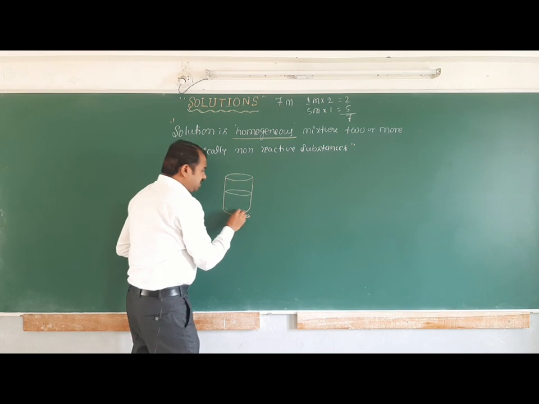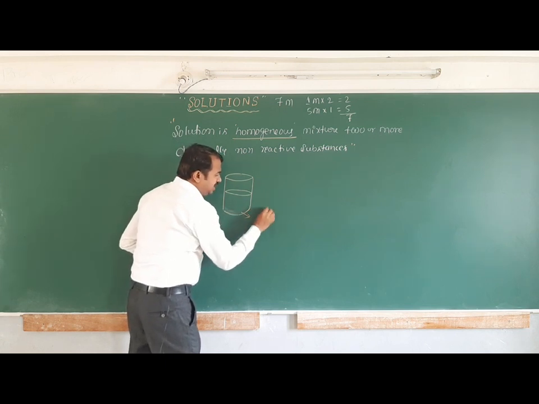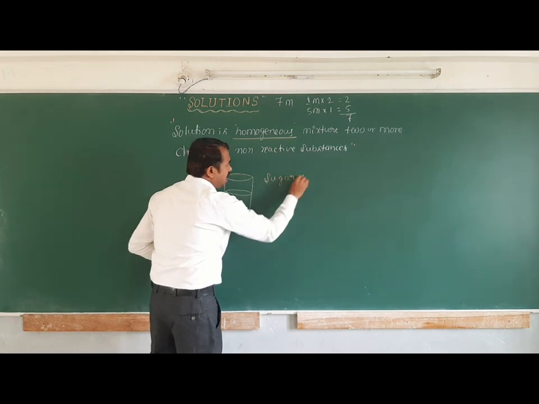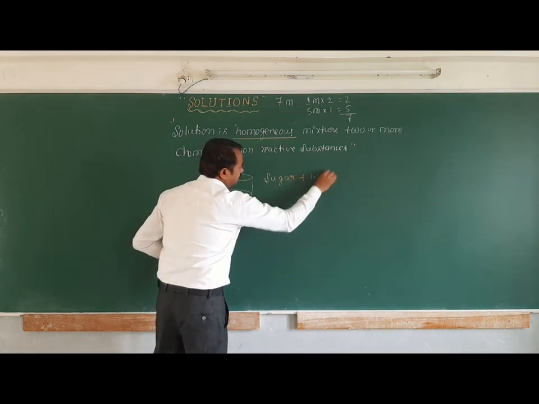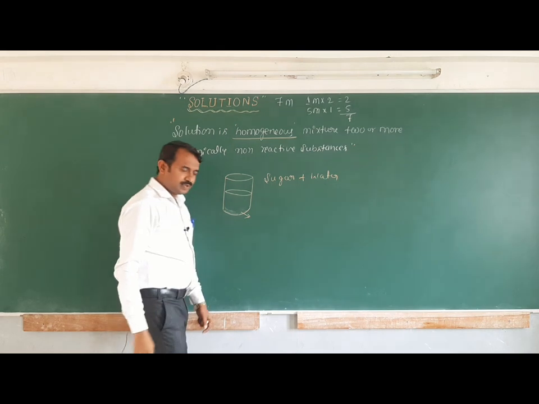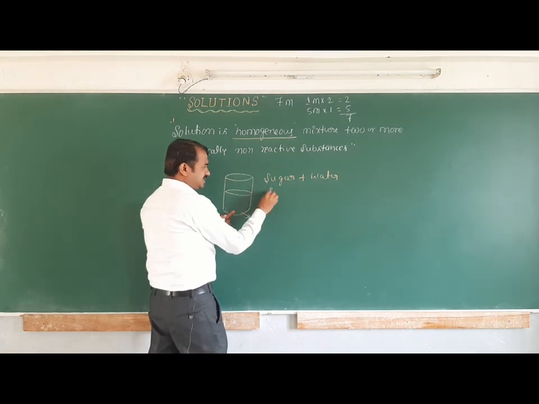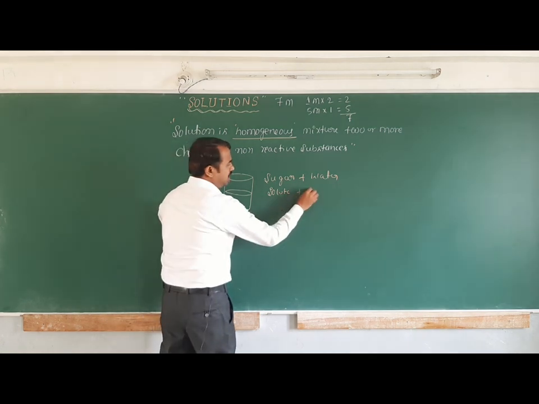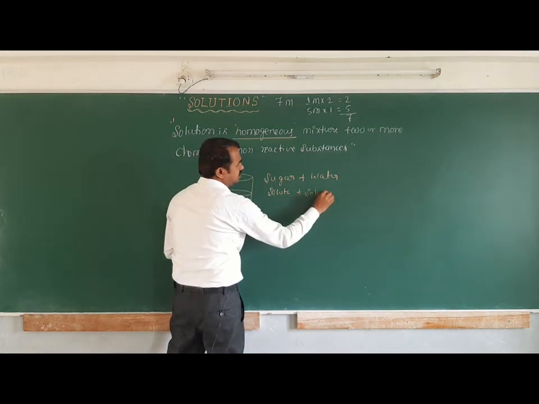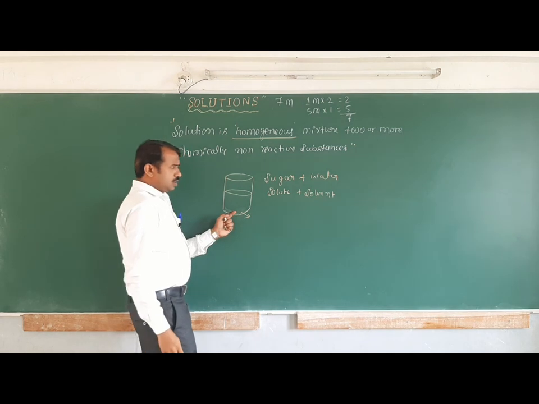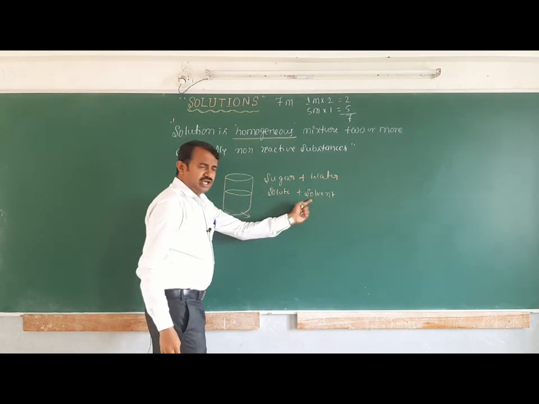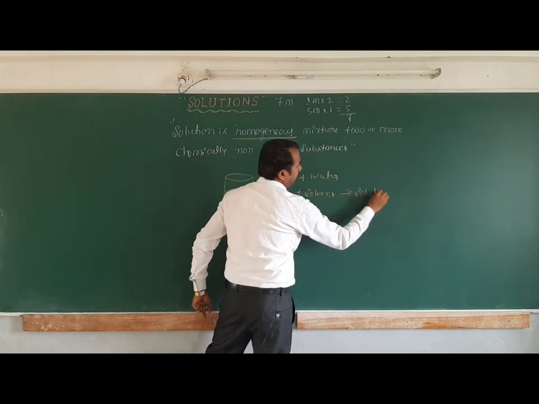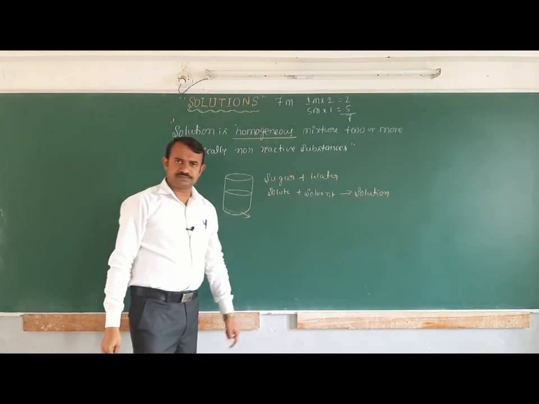Here, initially we take sugar and we add water. The sugar is a solid, and water is the solvent. The sugar solute is dissolved in the solvent to form a solution.